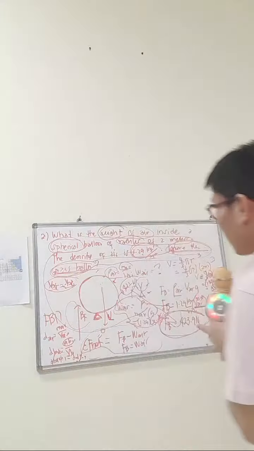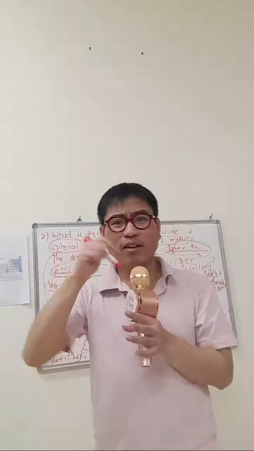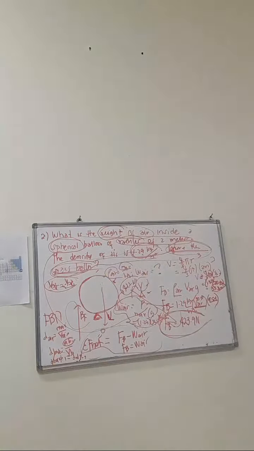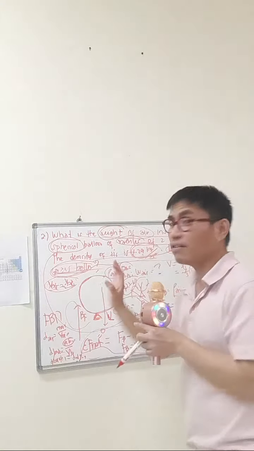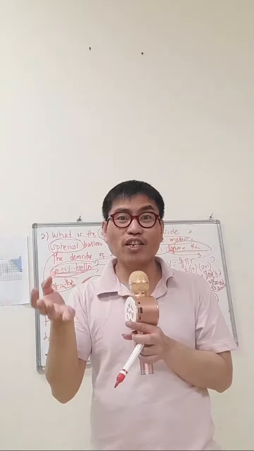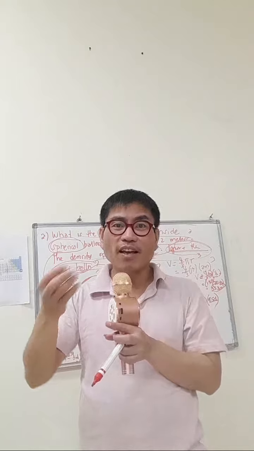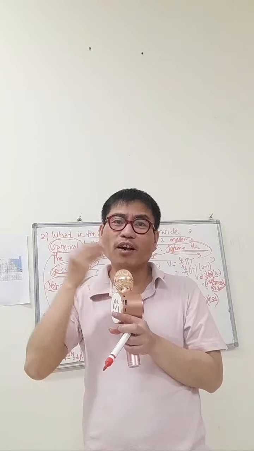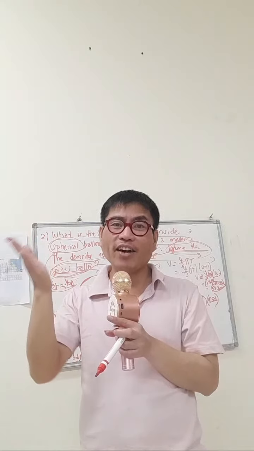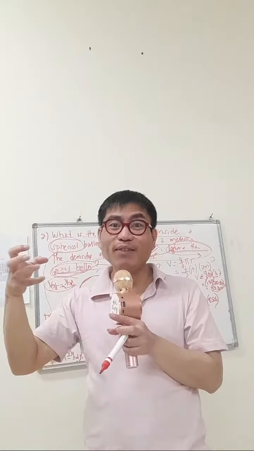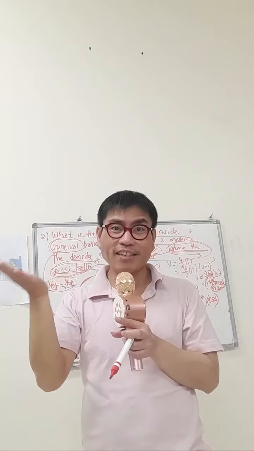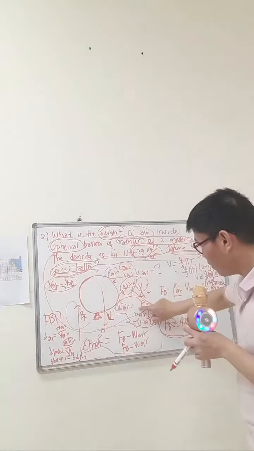This is the safest way for average students and average examinees. For the geniuses with higher IQ, they will deviate from the systematic way because they have a fast analysis. They will go directly here.